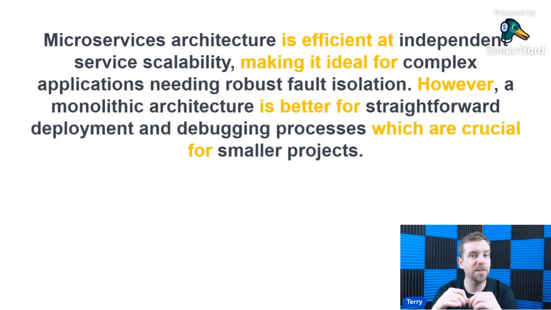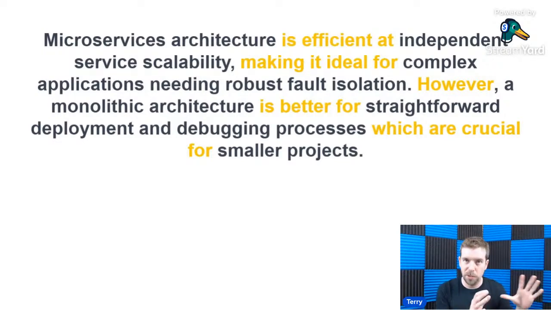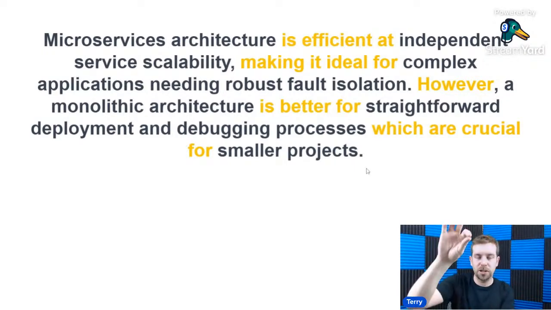Microservices architecture is efficient at independent service scalability, making it ideal for complex applications needing robust fault isolation. However, a monolithic architecture is better for straightforward deployment and debugging processes, which are crucial for smaller projects. All right. So do you see now how you can use this collection of sentences to start building your answer?